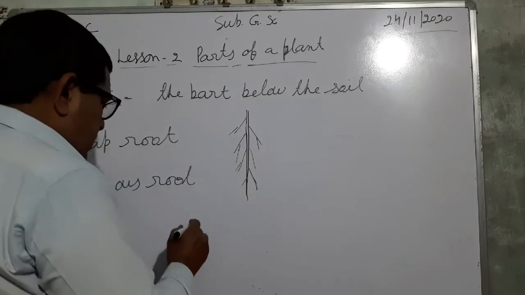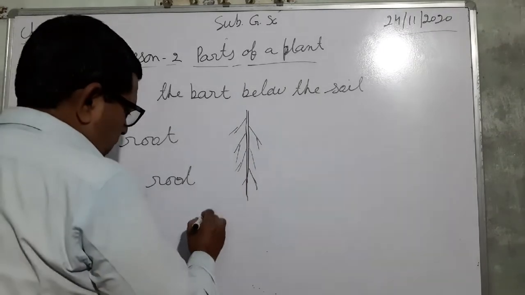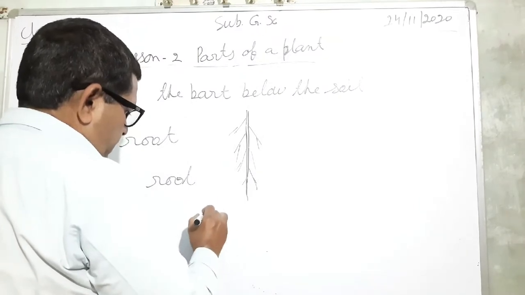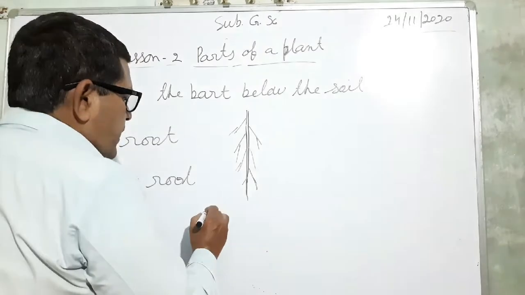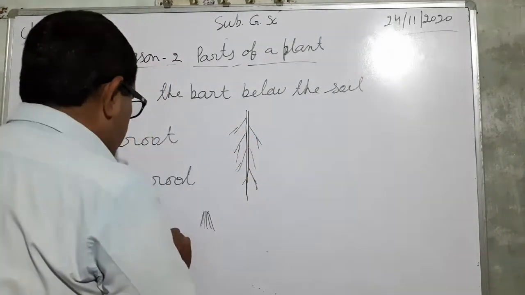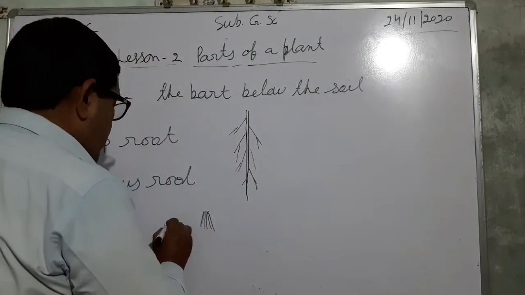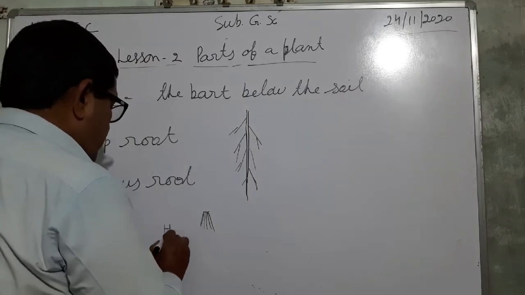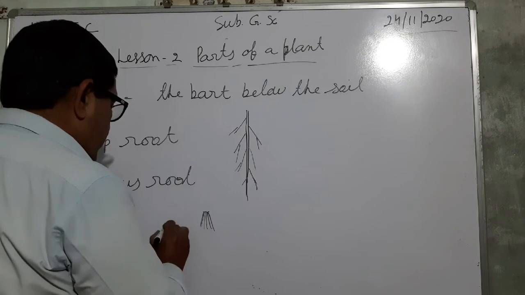And fibrous root, from one point, a large number of roots originate in such a way, as you have seen in the case of the sugarcane also from the nodes, so many roots arise. Suppose these are the nodes, and from the nodes you know that so many roots are there.